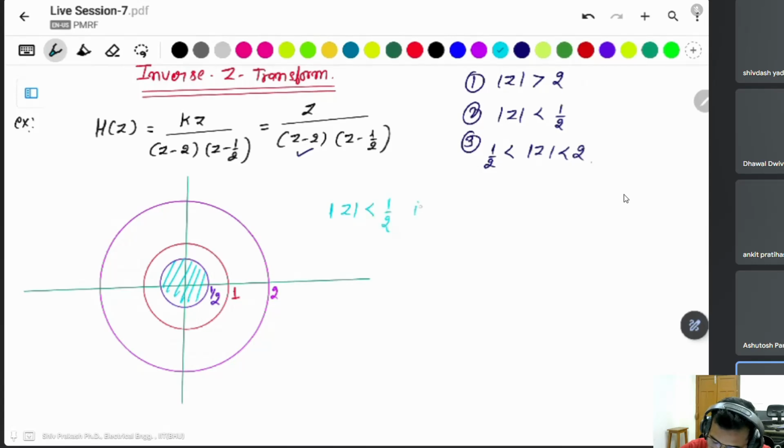This is known as the inside ROC. If the inside ROC is there and the unit circle radius is not included, in this case the system will be unstable.